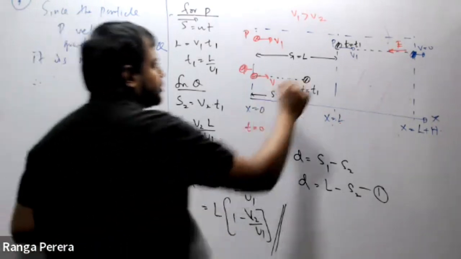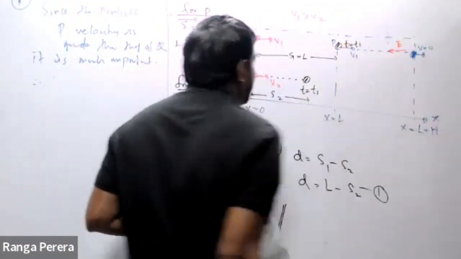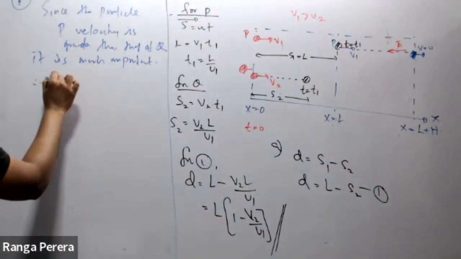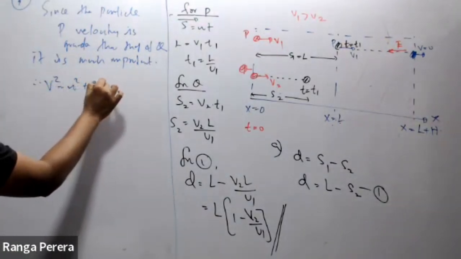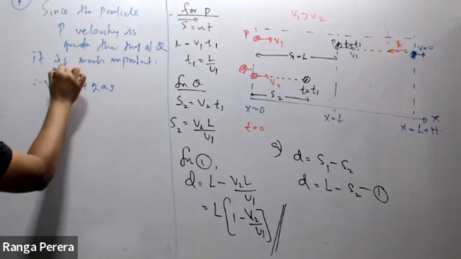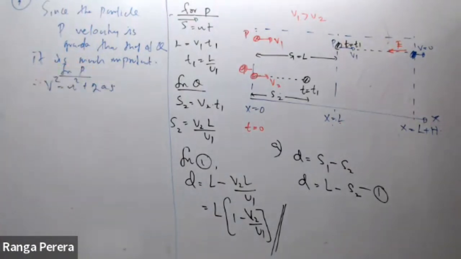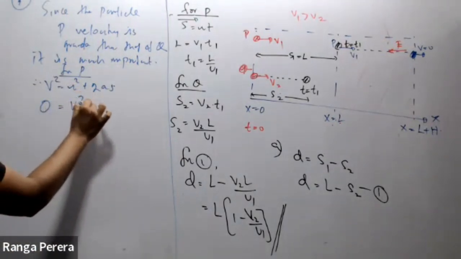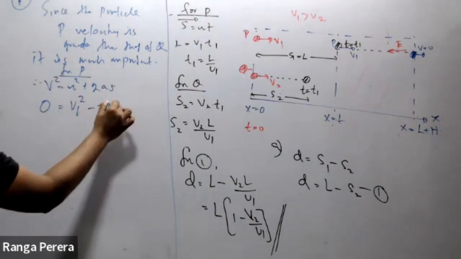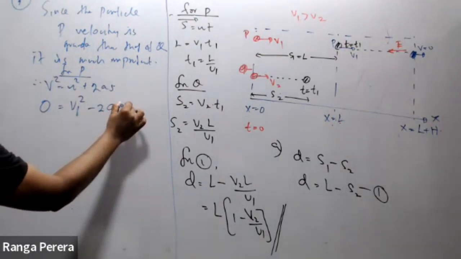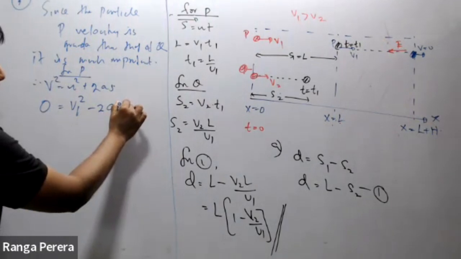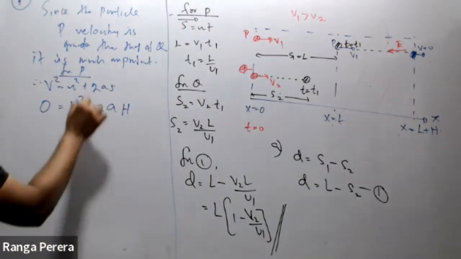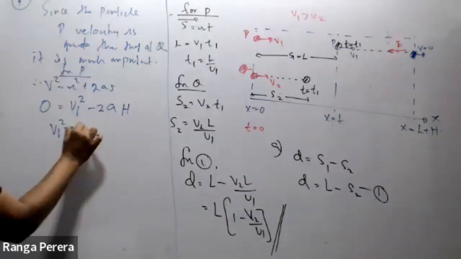We know that it started from here and came to this point. We can apply V squared equal U squared plus 2AS for P. 0 equals v1 squared minus 2 a X, with retardation. It is actually H, so 2AH. So v1 squared is equal to 2AH.